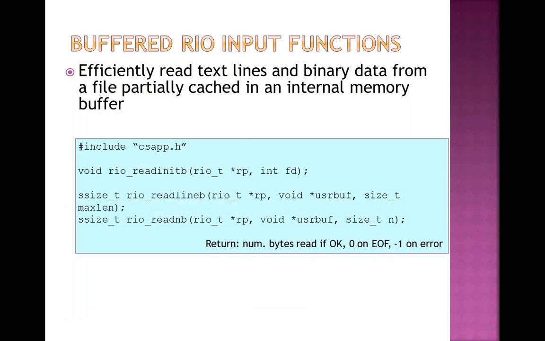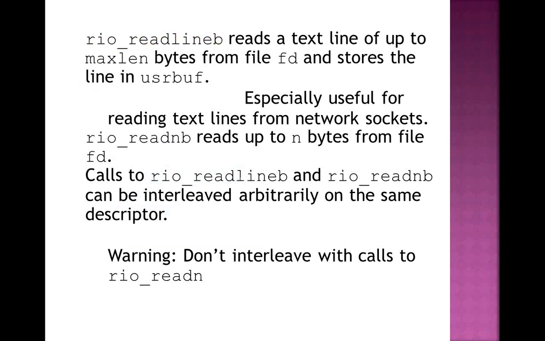Then we discussed the buffered RIO input functions, which are basically used for reading text lines and binary data from a file that is partially cached in an internal memory buffer. We discussed one example also, and its explanation.